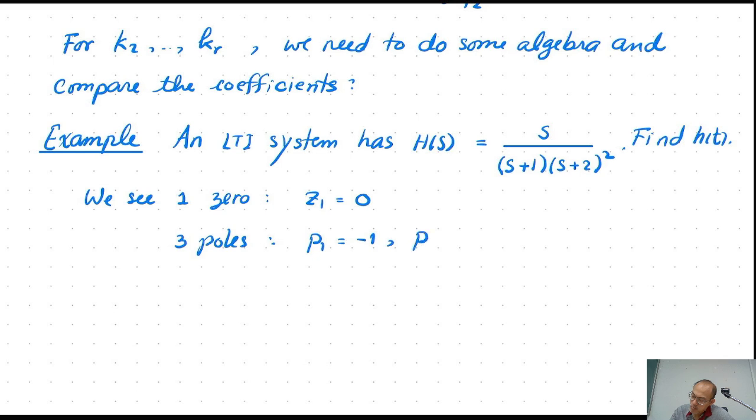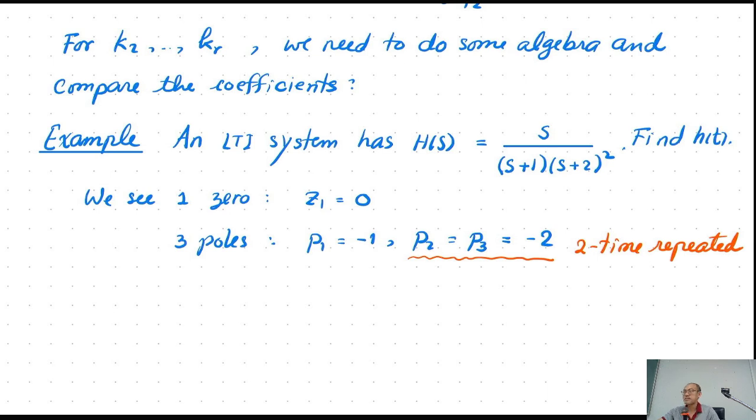The second pole and the third pole are equal, which is at -2. So these 2 poles are repeated 2 times.